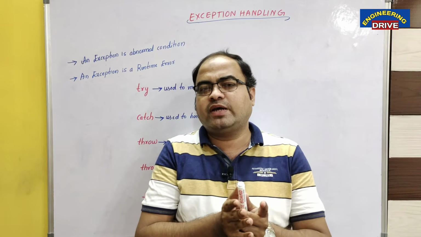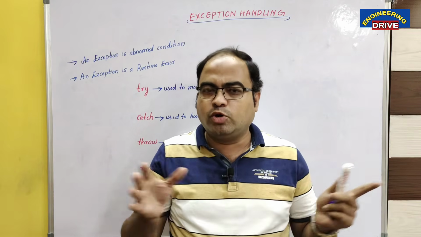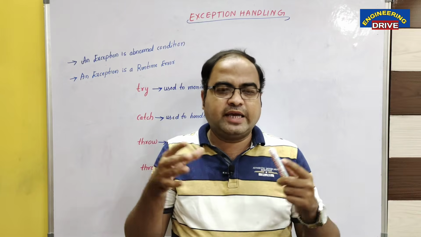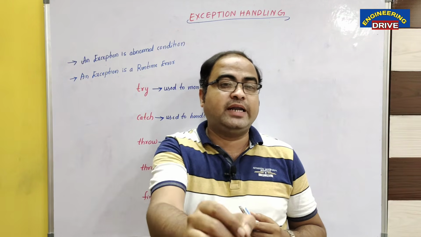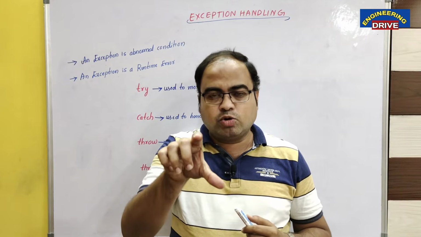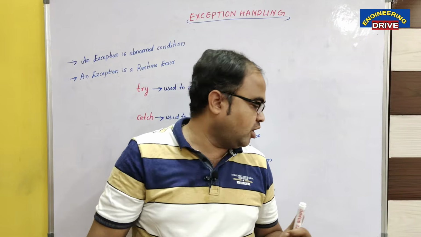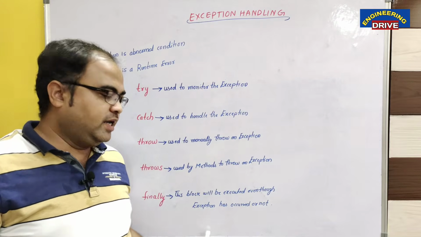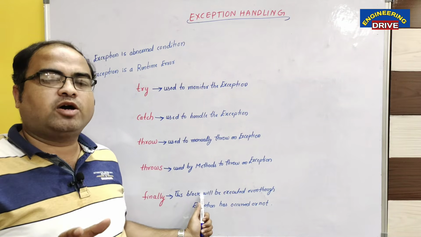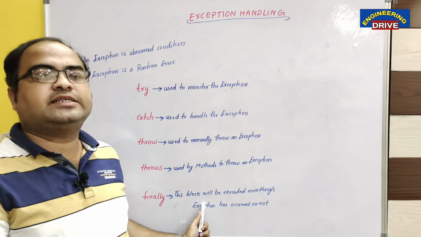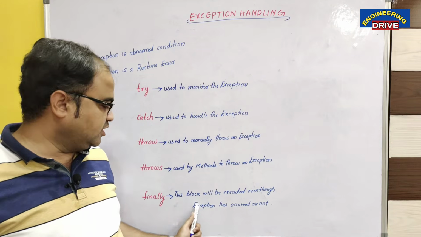Other components of a car may or may not work in case of collision, but the airbag should open properly in time. Is it right? That code will be kept in the finally block. This is how important the finally block is. In any case of any problem, the contents of the finally block will be executed no matter whether an exception has arisen or not.